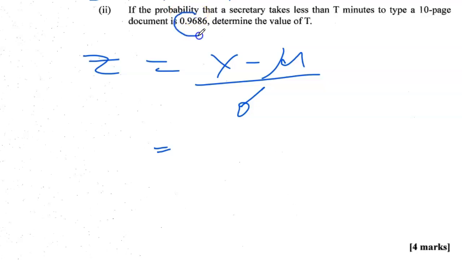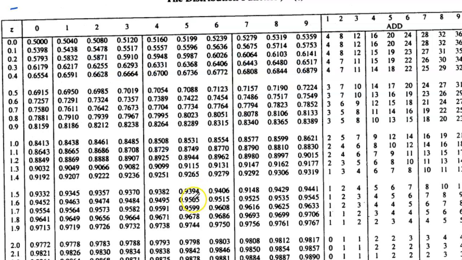Let's go to our table again. Alright, so let's look for 0.9686, that's here. And notice the corresponding Z value here is 1.86.